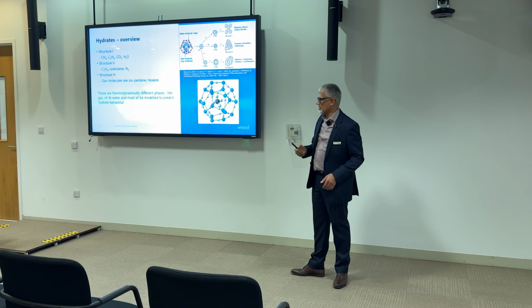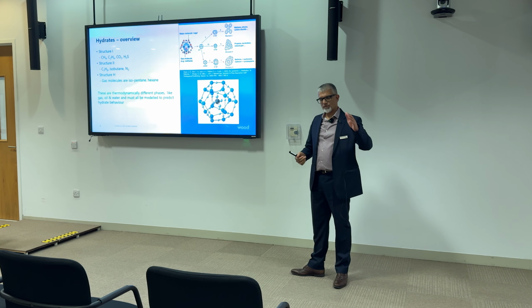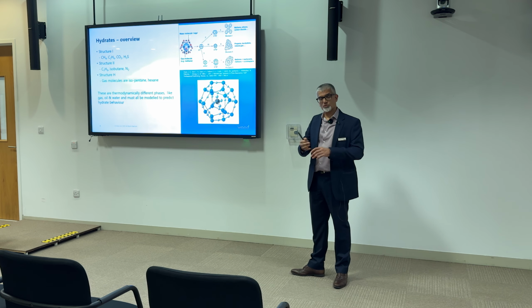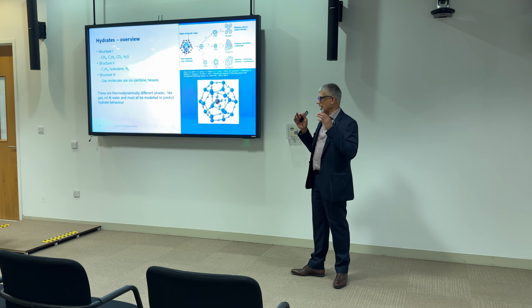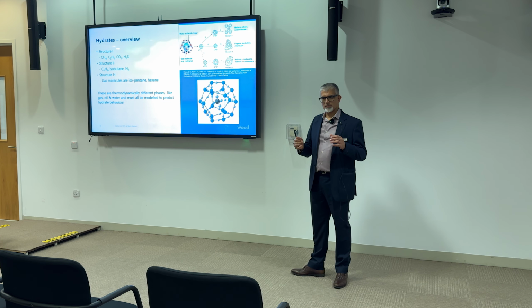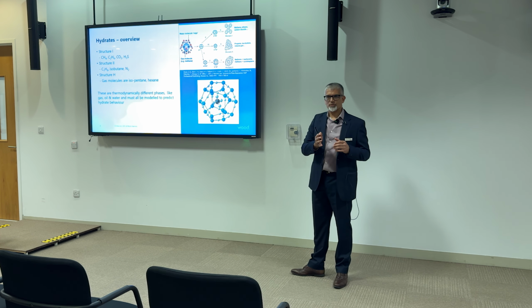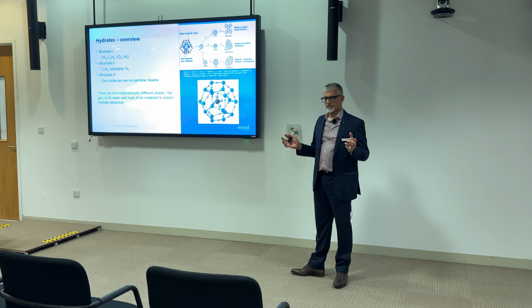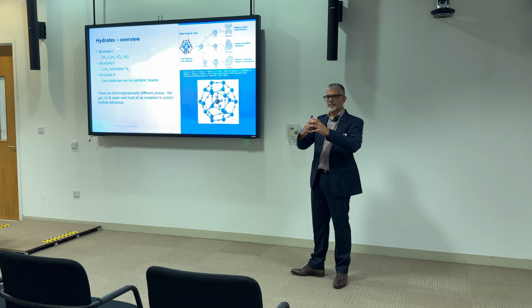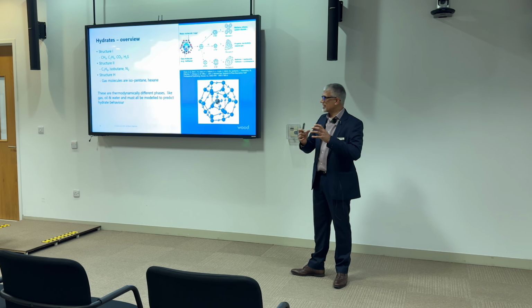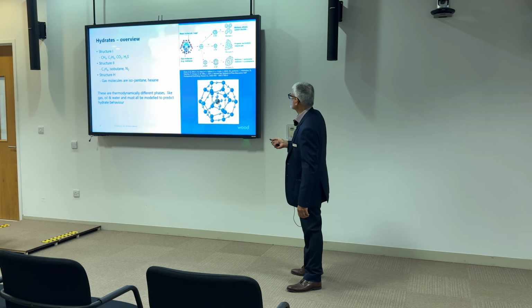So if the conditions are right, you have an aqueous phase, you have hydrocarbons, which is always there, and you have the right conditions, being all the gas is moving slowly. That means it's low temperature or high pressure, which again are normal operating conditions. The water molecule will trap the hydrocarbon and it'll form a crystal. And then that crystal grows.